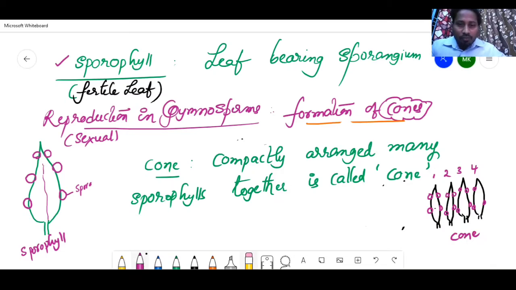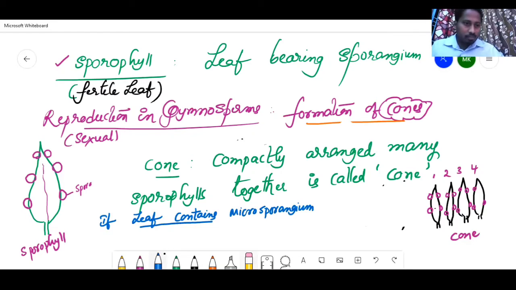Remember, if a leaf contains microsporangium, for example, if this leaf on its surface has a micro. Sporangiums are of two types, micro and mega.